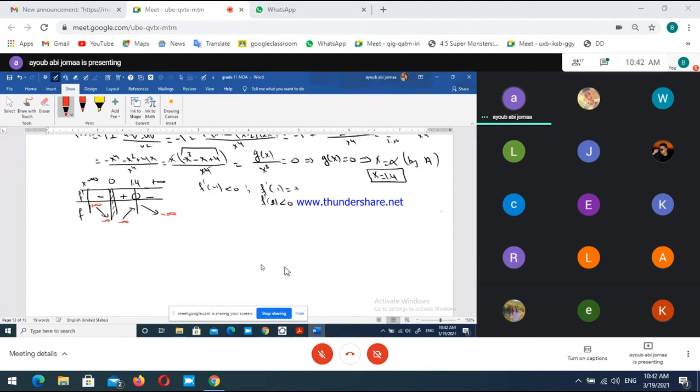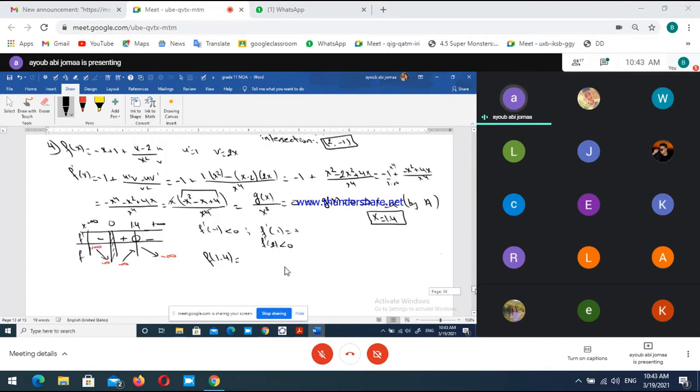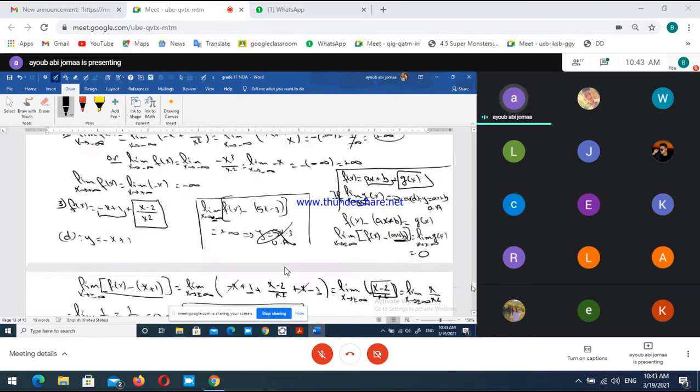We have a maximum at 1.4. F of 1.4, replace x by 1.4 in the function. So you get negative 1.4 plus 1 plus 1.4 minus 2, negative 0.6 over 1.4 squared, and then the answer is negative 0.7.